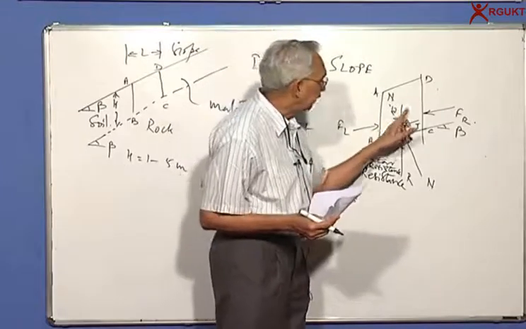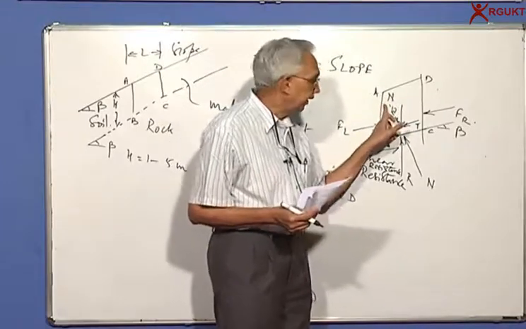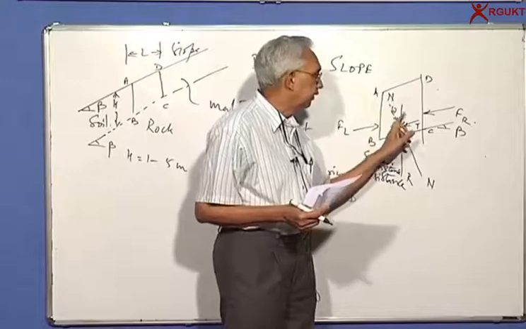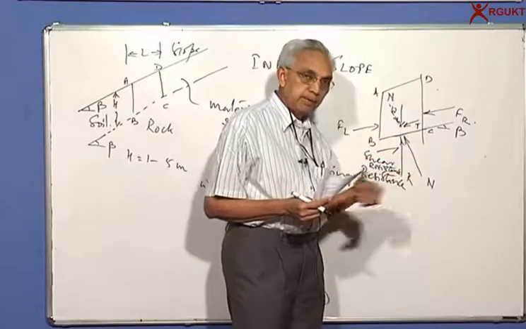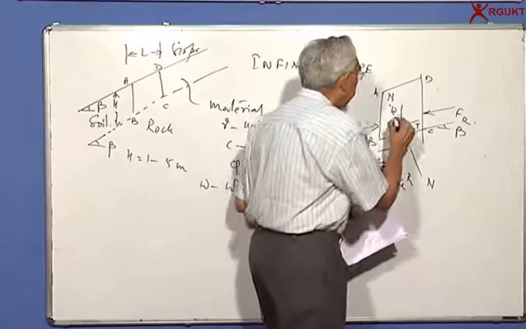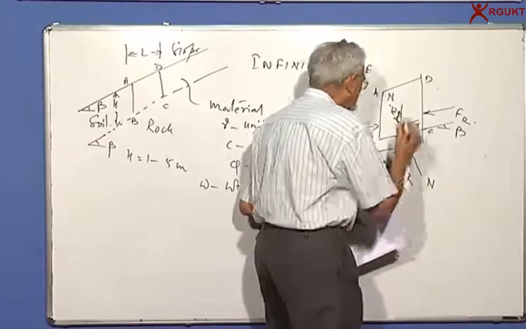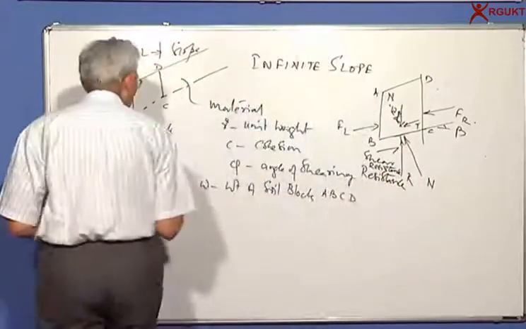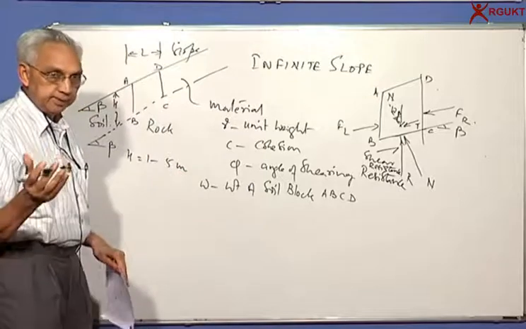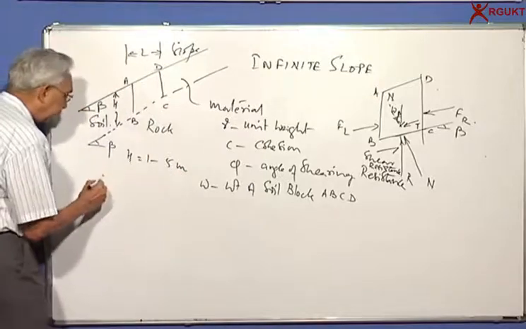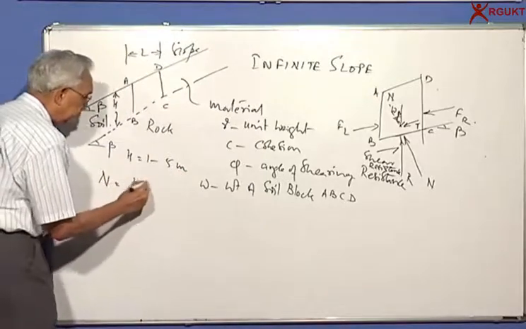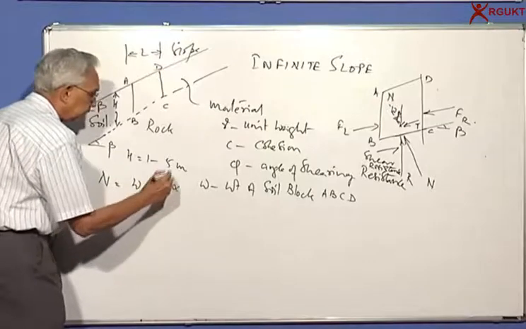If I resolve W onto the normal, I get force N. If I resolve W parallel to the surface, it will be T. This angle being beta. So you can easily, from your first year, second year mechanics, say that N is equal to W cos beta.